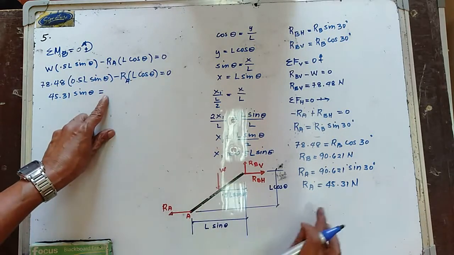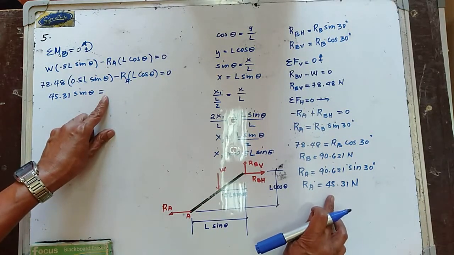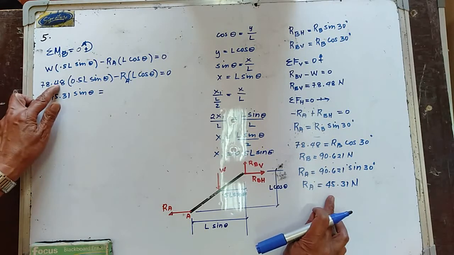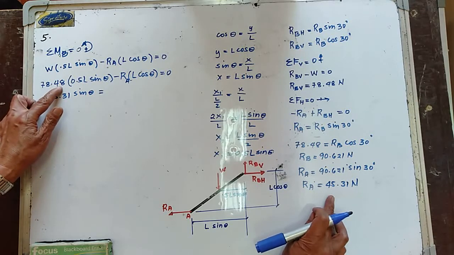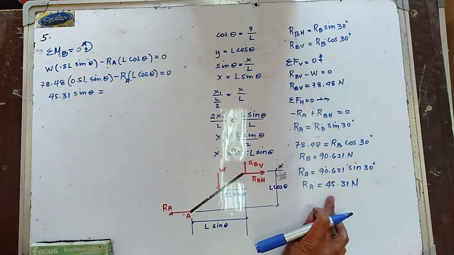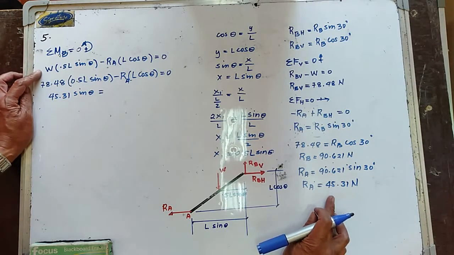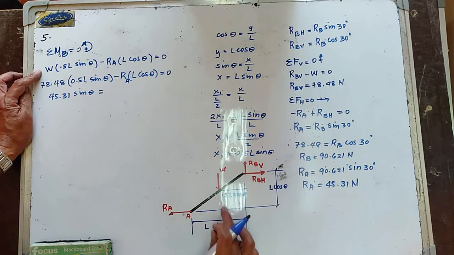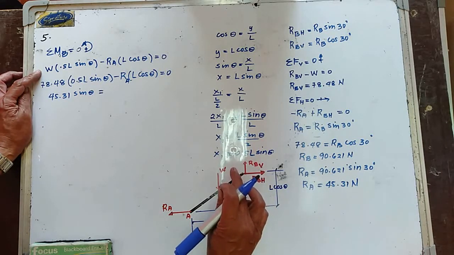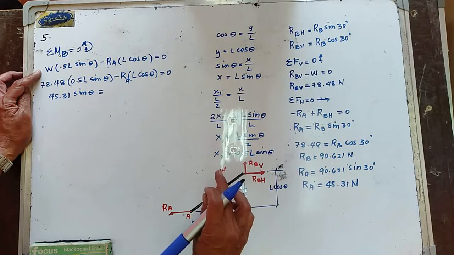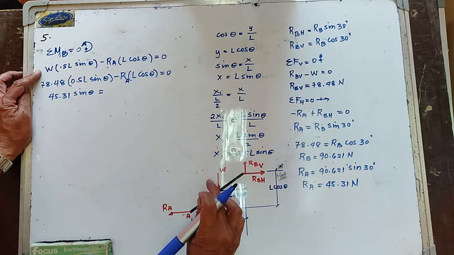And RA is 45.31. 78.48 is W, so the value of W in here is 78.48, and the moment arm is 0.5 L sine of theta.